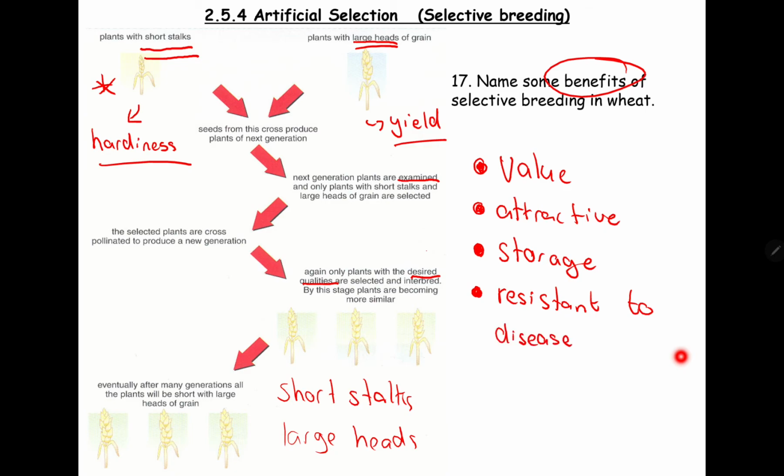Now, this doesn't just happen with plants or with crops. It can also happen with animals. So selective breeding in animals uses the exact same principles. If we take an example, a very common farm animal in Ireland and Britain is the cow, cattle.